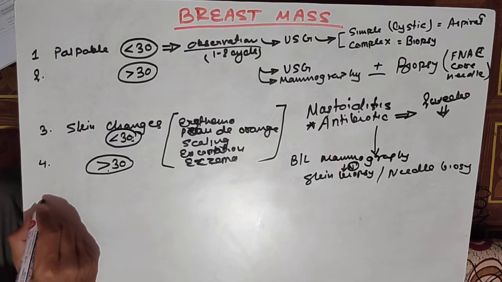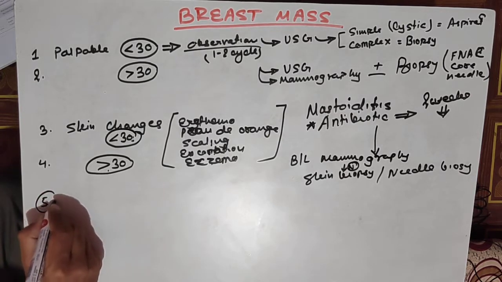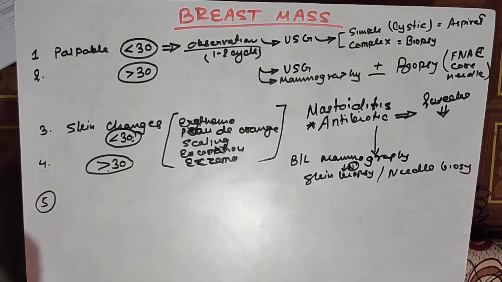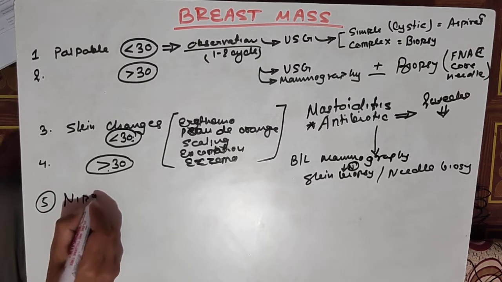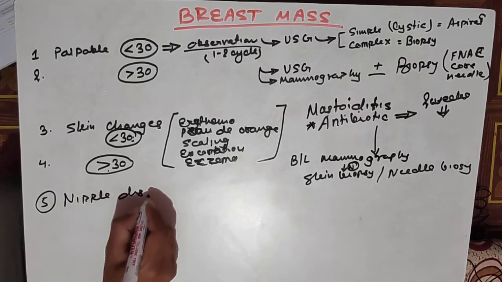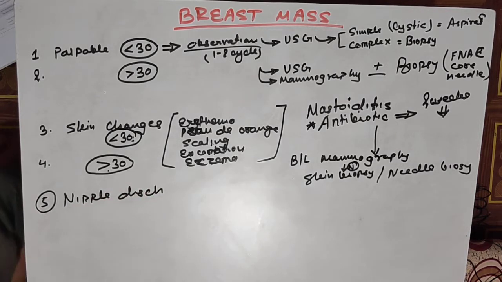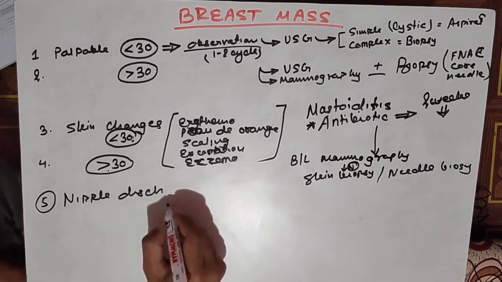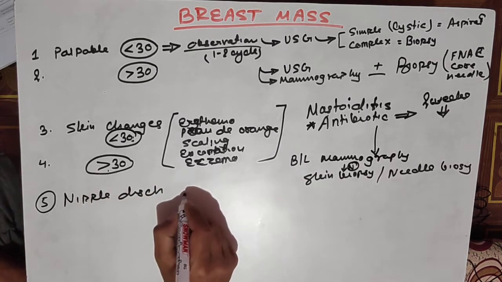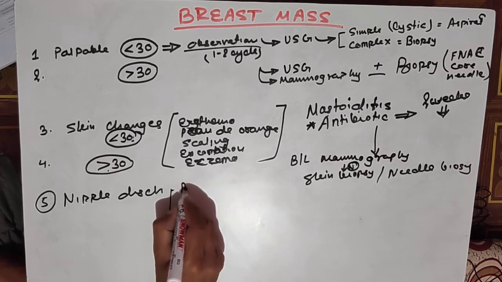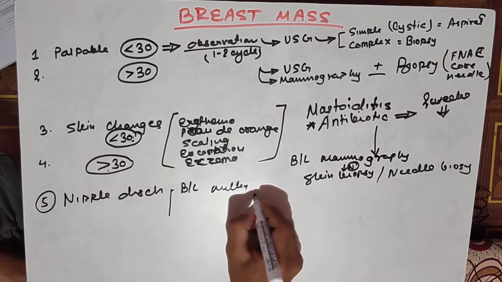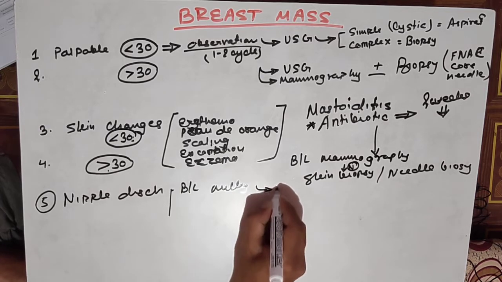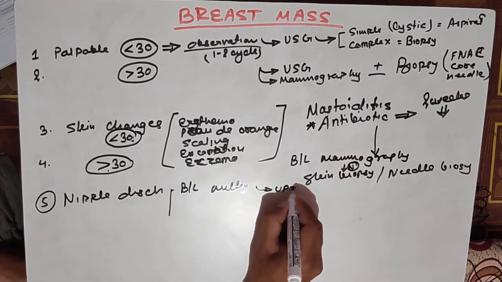Now the fifth condition, and a very usual presentation in the clinical setting, will be nipple discharge. Very common is bilateral milky discharge. If it is bilateral milky discharge, then always look for UPT, urine pregnancy test.